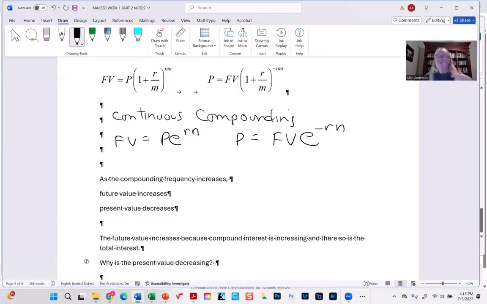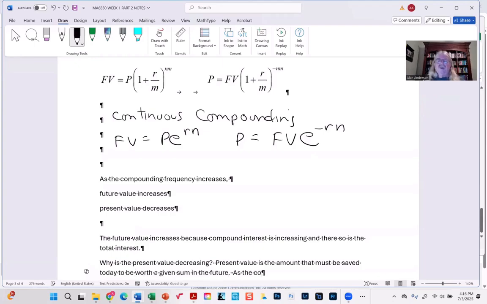Well, we have to remember what present value means. Present value is the amount that must be saved today to be worth a given sum in the future.